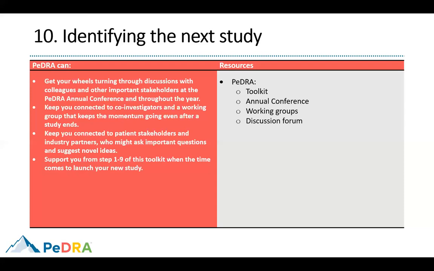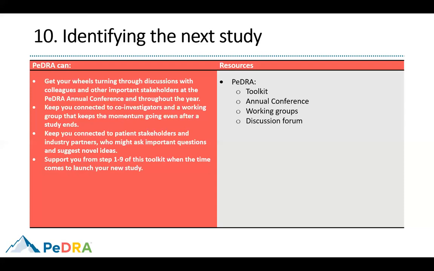And these individuals, like I talked about earlier, might not be other academic scientists. They might be patients, they might be family members, they might be advocates, they might be industry partners. PeDRA brings all those people together so that your ideas are constantly growing, constantly evolving. You're constantly thinking about them and talking about them, and everything moves forward in a continuous way.